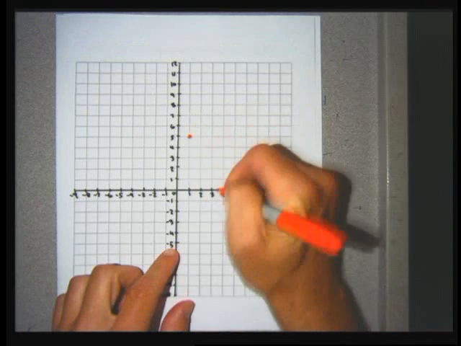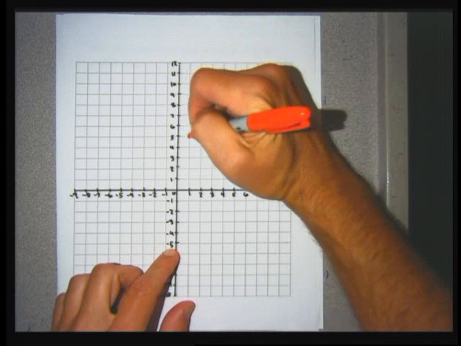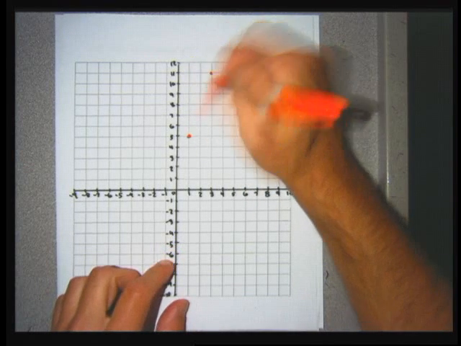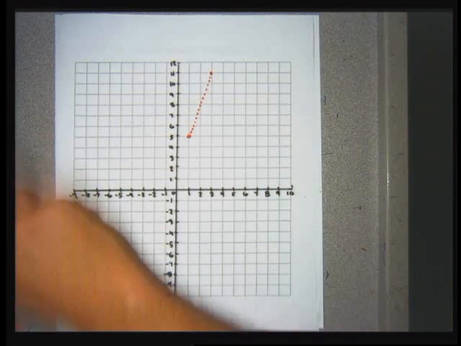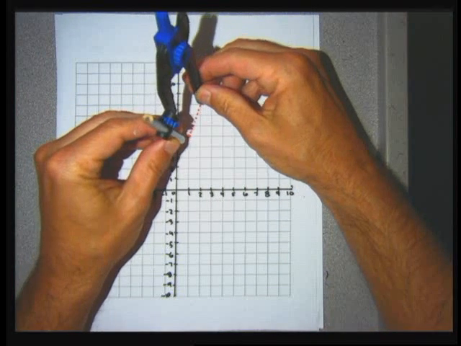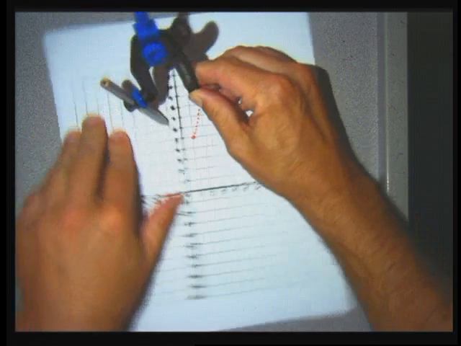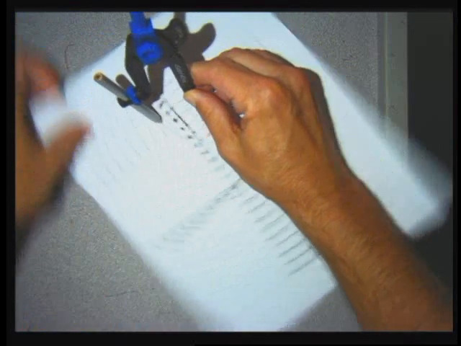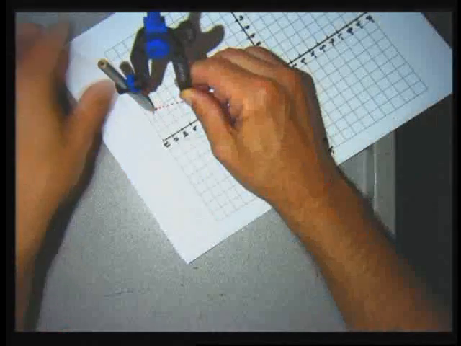(1, 5). (3, 11). It says that this right here is the diameter. And so if I try to draw this circle that's defined by this, it says there's a circle that goes through.